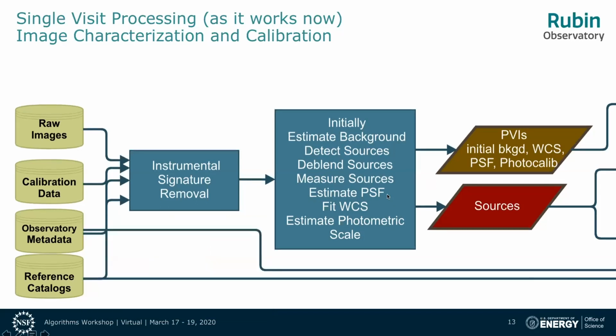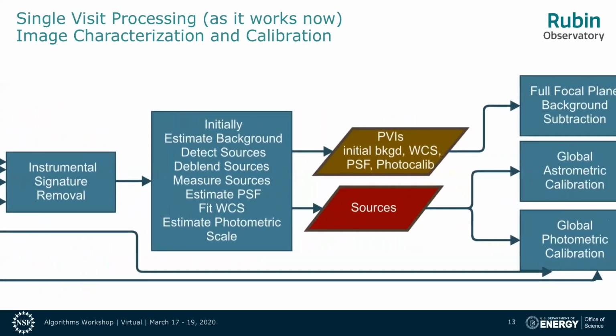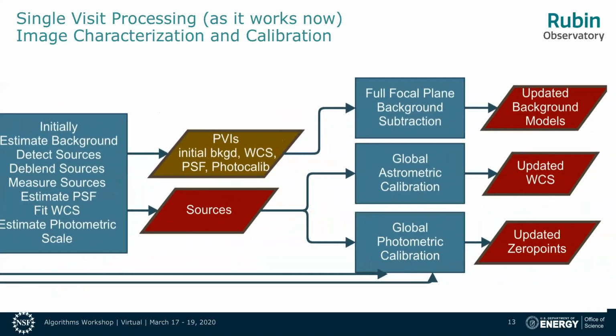So with these sources and processed visit images in hand, in the alert production pipeline, we're going to skip straight ahead to difference imaging. In a data release production, we have the time to do some global calibration, or ubercalibration.